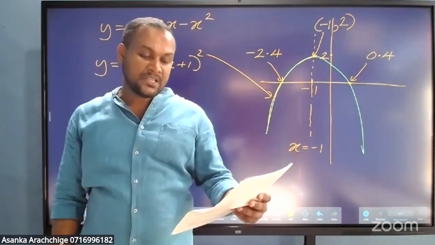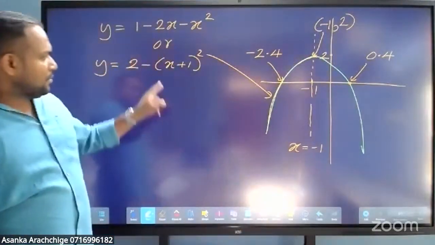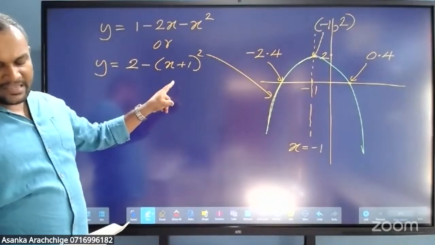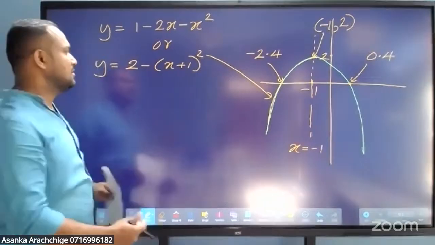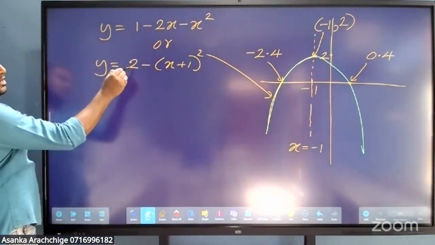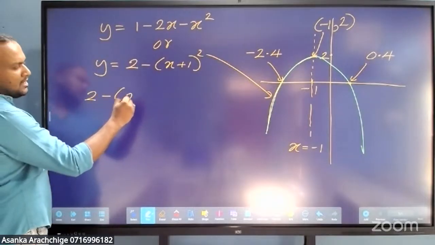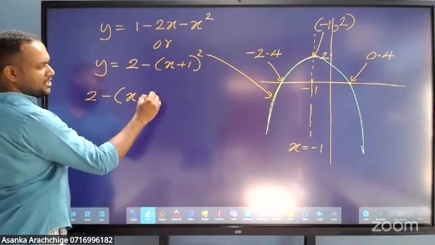Show that the positive root of the equation a minus x plus b squared equals 0 is right. Look here. Now this is 2 minus x plus 1 squared, this is a, this is b, right?